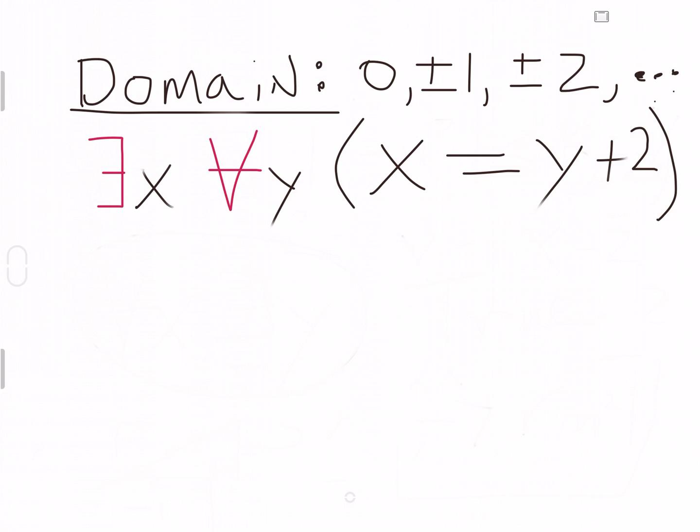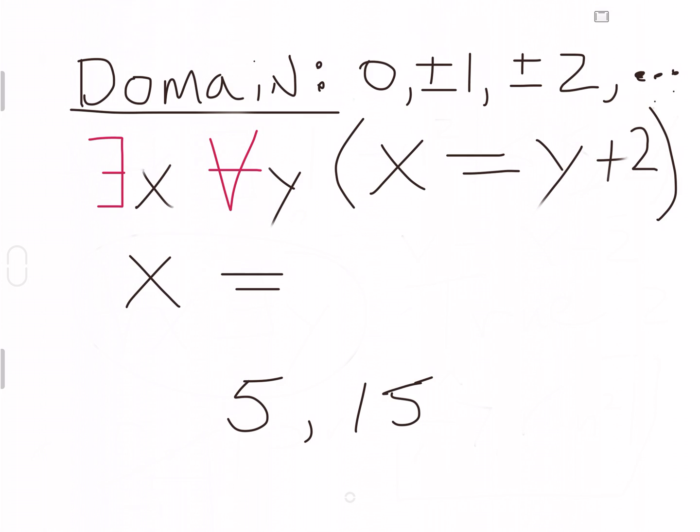So let's think about why this is false. There exists some x such that for all y. If we're talking about all integers y, let's pick 2 of them, say 5 and 15.